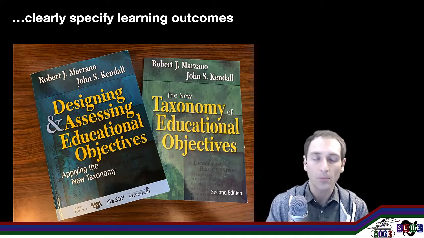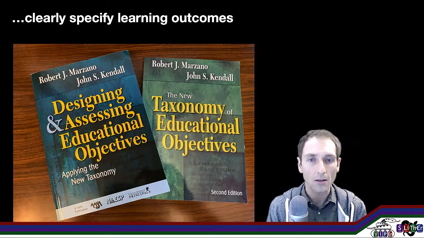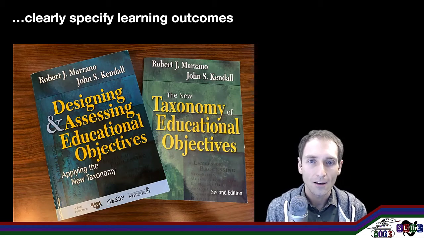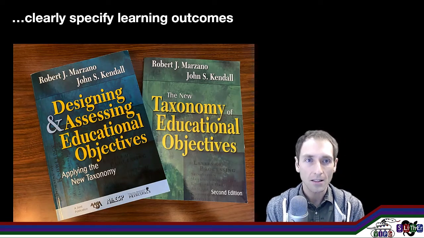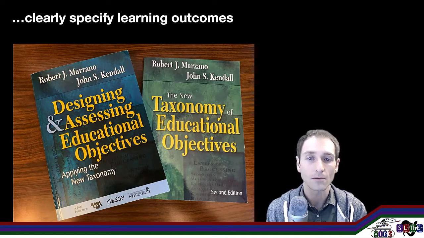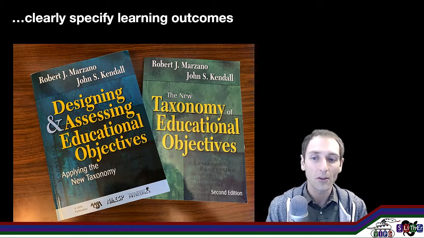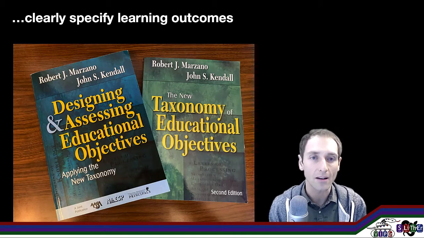That learning happens in many different ways, and you can assess learning or express learning in different ways. But what the authors really say in these two books is that they're not great for designing learning outcomes. Sure, maybe they're great for a synonym bank.